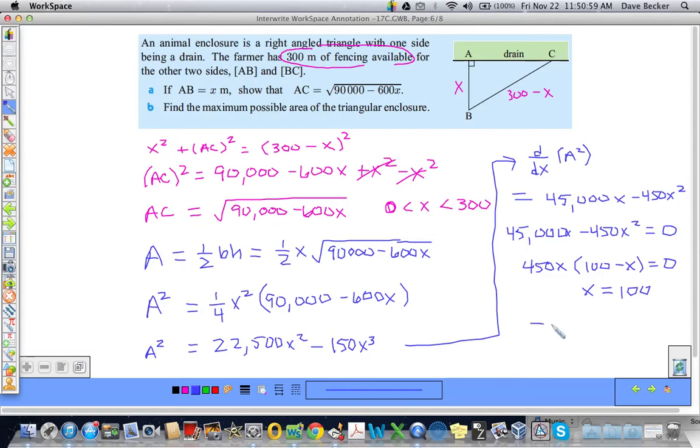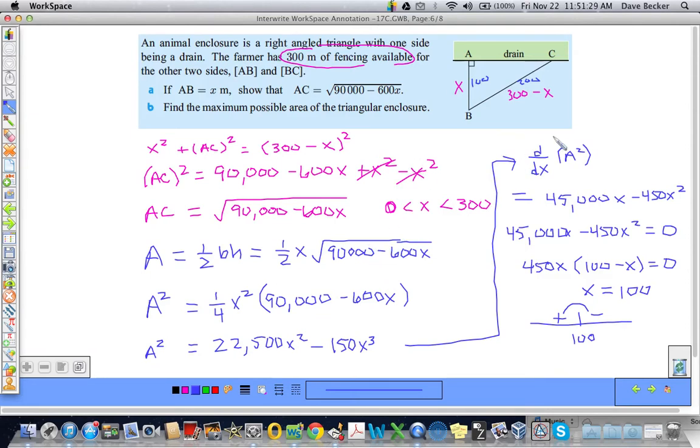To make sure, we should do a sign diagram, but you guys know what that's all about. The sign diagram will look like this, but you need to do it to make sure, which indicates that at 100 we indeed maximize our area. They say find the maximum possible area, so we have to finish up. If this is 100, then this is 200, but that doesn't matter because I need the base and the height.